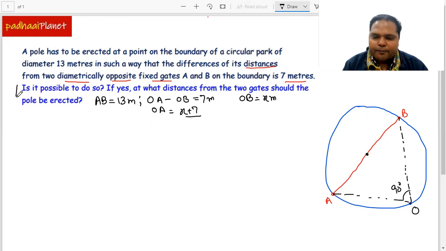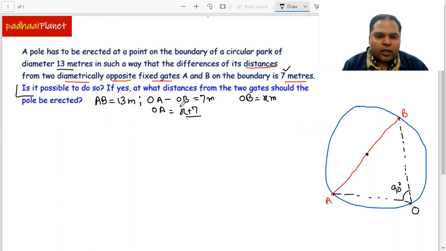And what they want us to figure out is whether it is possible to erect the pole in such a way that the difference of its distances from the two gates is equal to 7 meters, if the diameter of the circle is 13 meters.